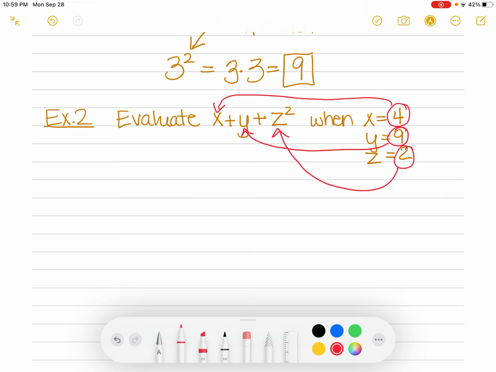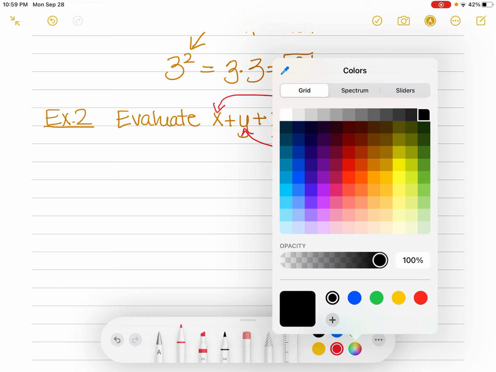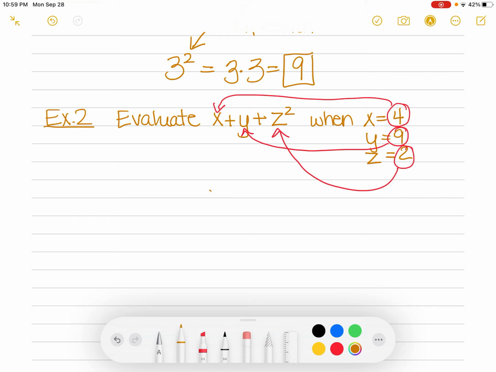Okay, now that you're back, we are going to solve this problem, and we're going to do it with those numbers. So instead of x, I have 4. Instead of y, I have 9. And instead of z, I have 2. Okay, so now I need to solve this using the order of operations. There's a reason why we did order of operations first.